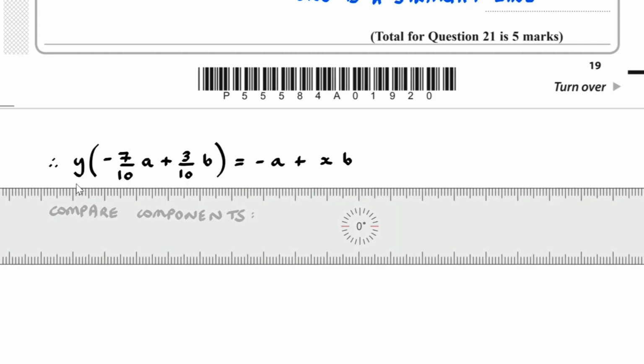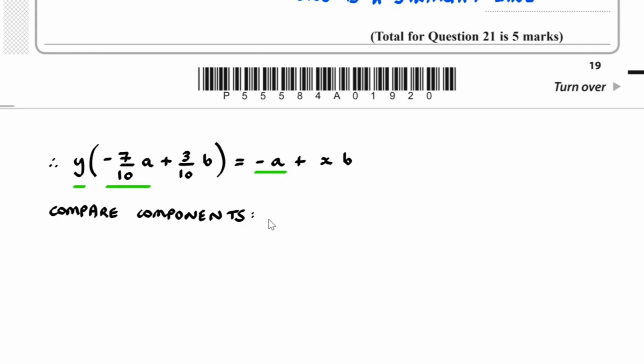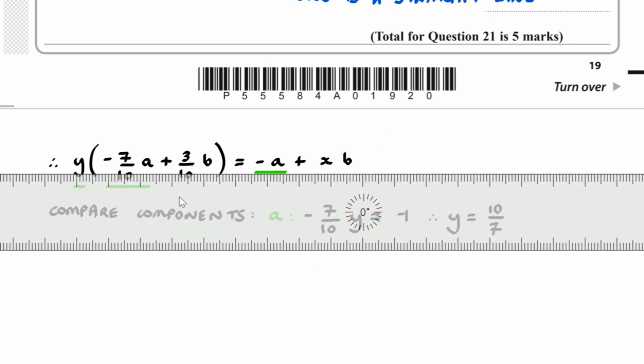I've got y times by minus 7/10 A, that's equal to minus A. So if I take a look at the A components, I've got minus 7/10 y equals minus 1, in which case I can conclude y is equal to 10/7.